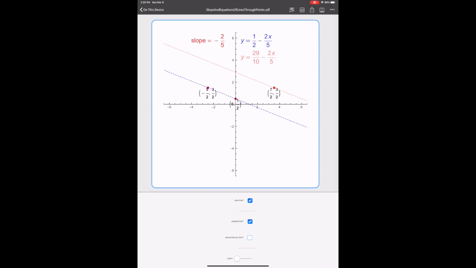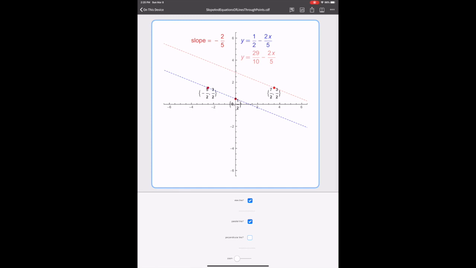So first of all, we have two equations that are graphed, and they are parallel lines. And if we look at the slopes in the equations, one equation is y equals 1/2 minus 2x over 5. That's the blue line. If we look at the orange line, y equals 29/10 minus 2x over 5.